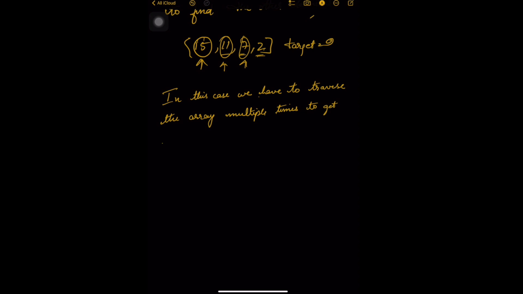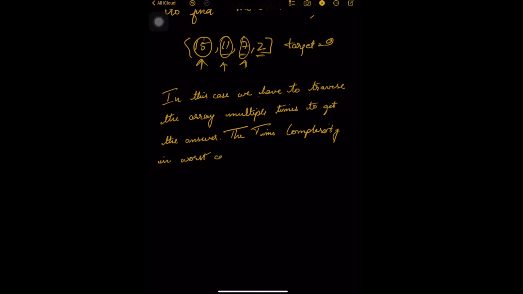In the worst case, that is when the required target is the last two elements in the nums array, our time complexity goes up to O of n square because we are iterating over n elements n times.